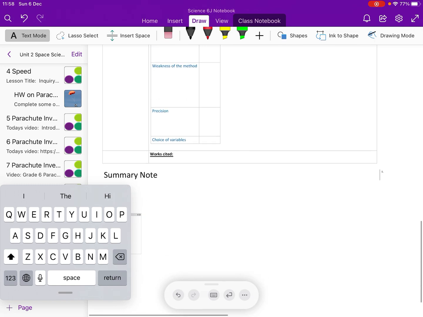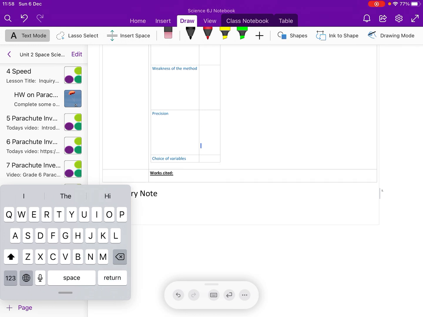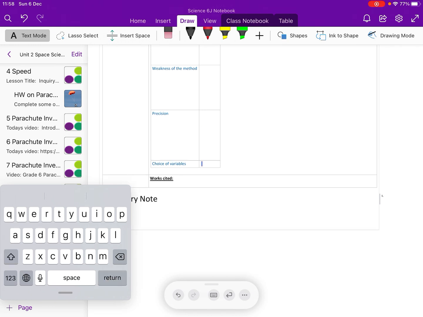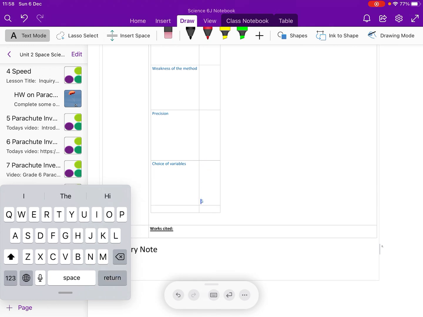Ooh. What's going on? I've broken it. How do you undo that now? I might have to type. Return. There we go.